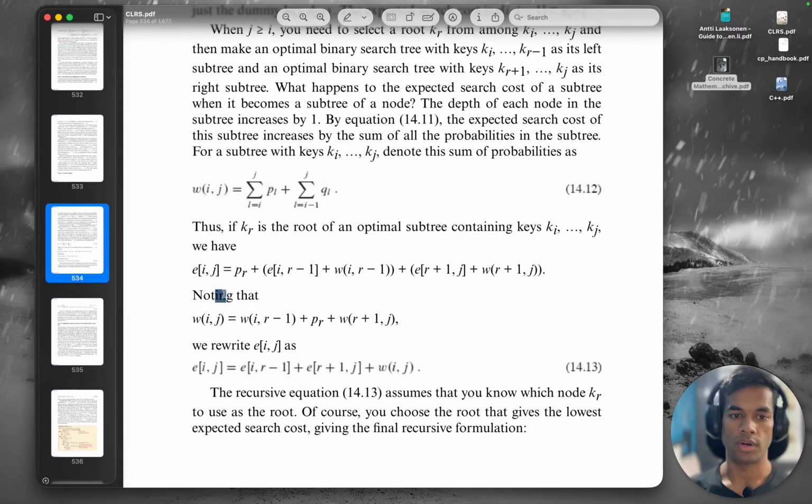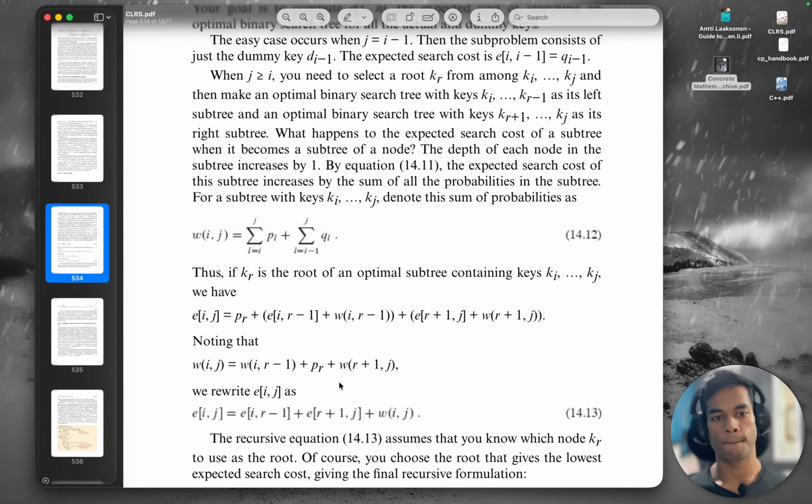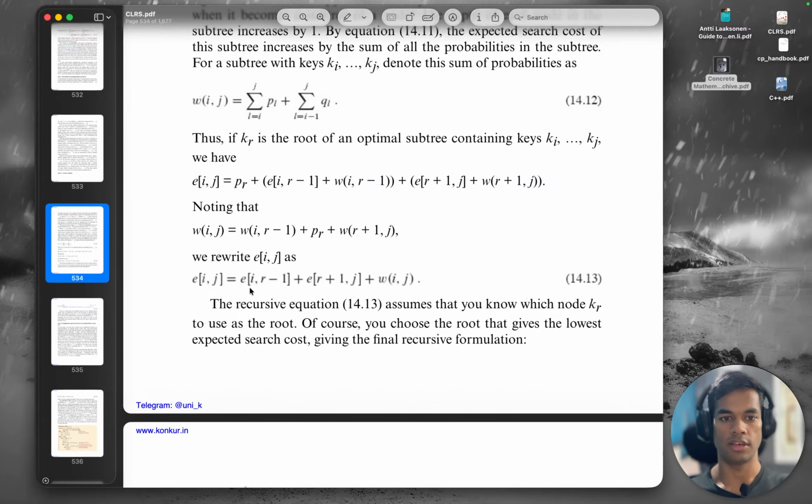This is the result of making the subtrees from i to r minus 1 and from r plus 1 to j a subtree of this root node, which is p_r. That is also true, the sum of all the probabilities. Yes. So we can rewrite this whole equation as E[i,r-1] plus E[r+1,j] plus w(i,j), where w(i,j) is the sum of all the probabilities for nodes i till j, with i and j included.